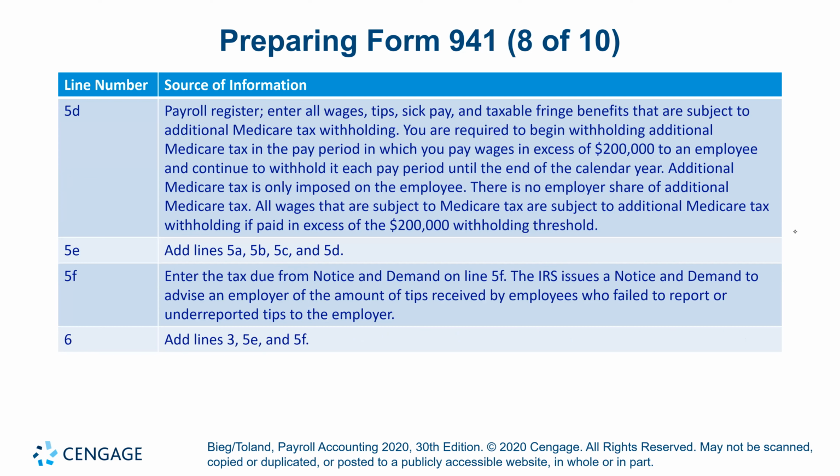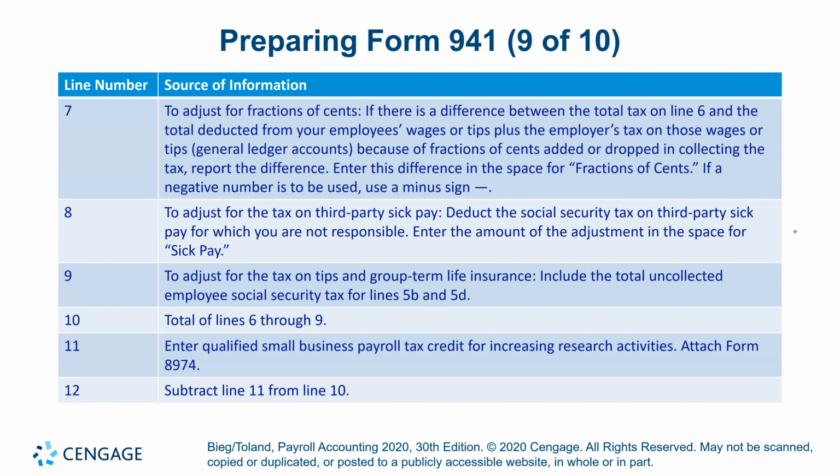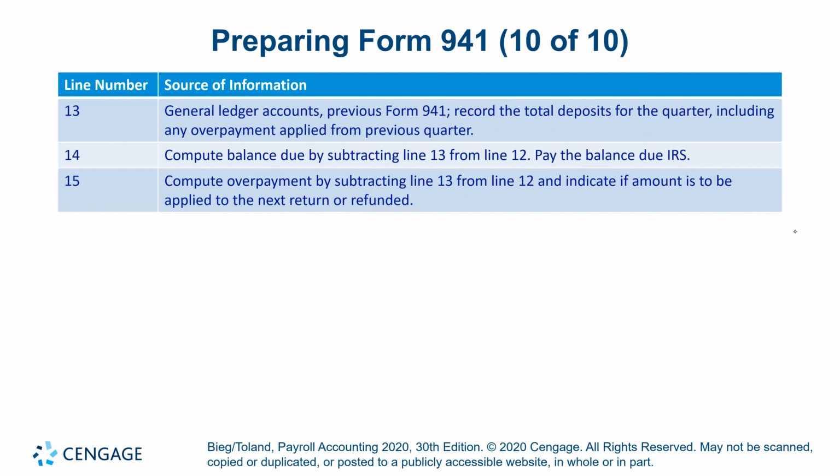Again, we're going to get practice with this, so I'm not going to read through this word for word. I know this recorded lecture is already getting probably pretty long. But we can see here, again, a lot of this information comes from the ledger accounts, the entries that we've recorded from the payroll registers.